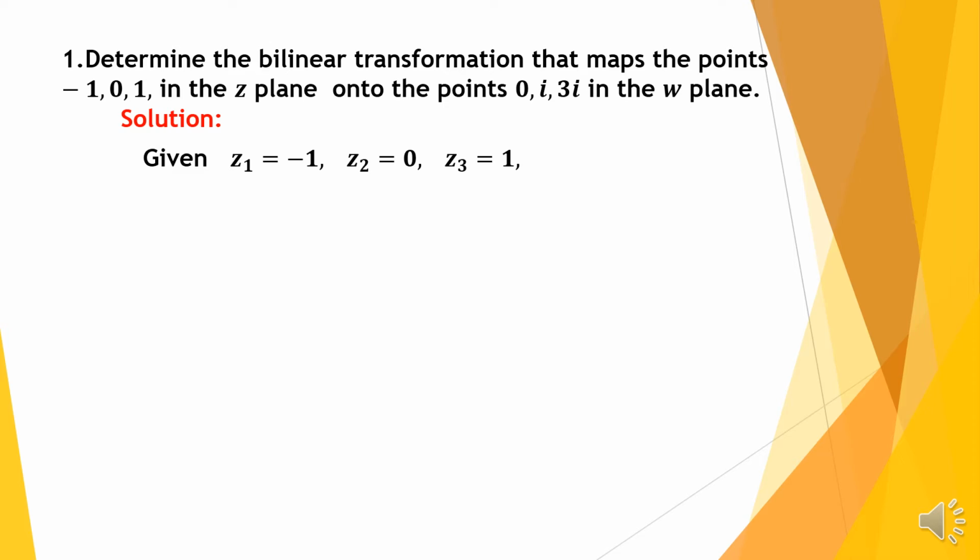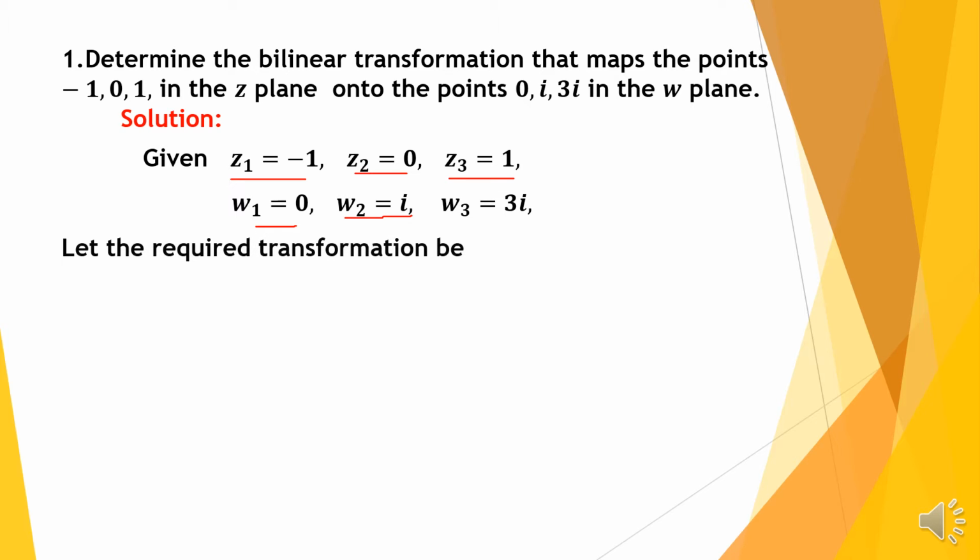Here the points in the z plane are z1 = -1, z2 = 0 and z3 = 1. And in the w plane, w1 = 0, w2 = i and w3 = 3i. Now write the formula.